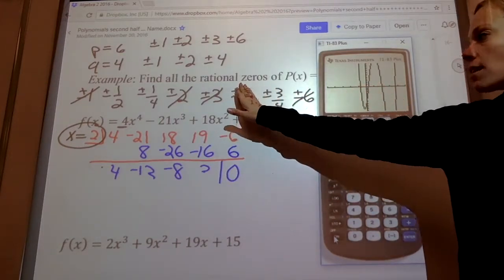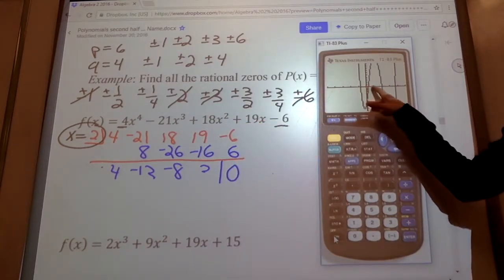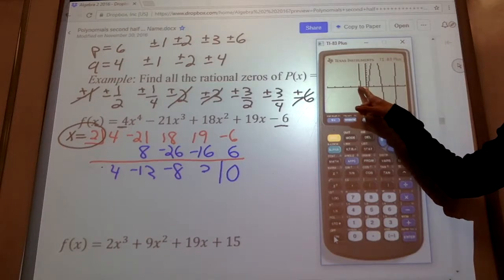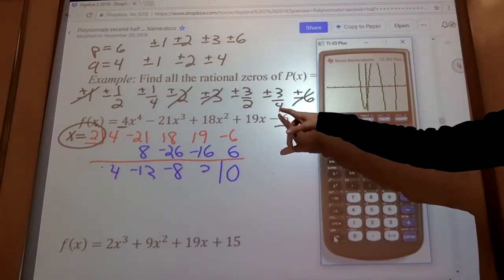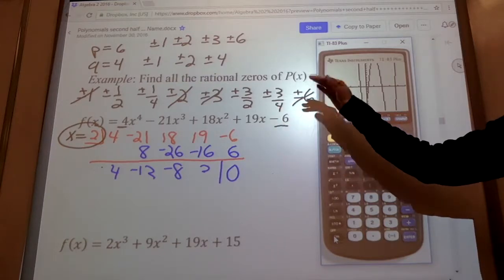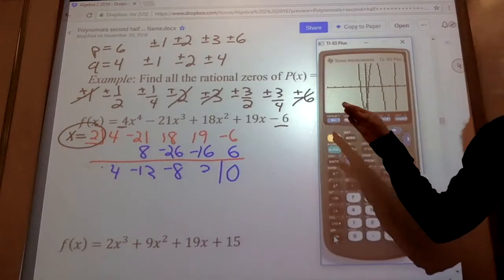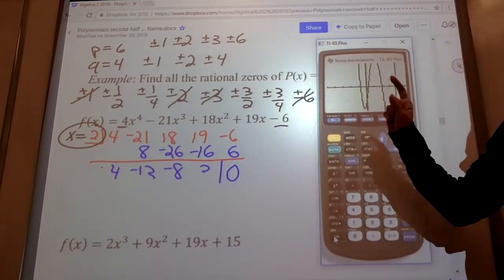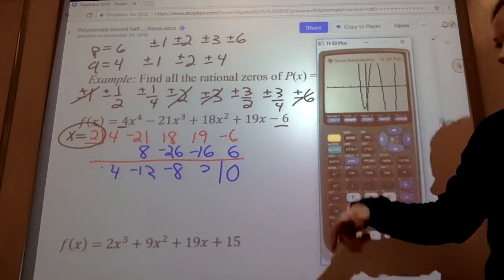So I can kind of say 3/2 probably won't work. Doesn't look like 1/2. So my second guess looking at this one looks like -3/4. Right? You guys see what I'm doing? You just kind of have to look at your graph and compare it to what your options are. Okay? So my second try to me would be this one and saying it's -3/4. So let's try that.